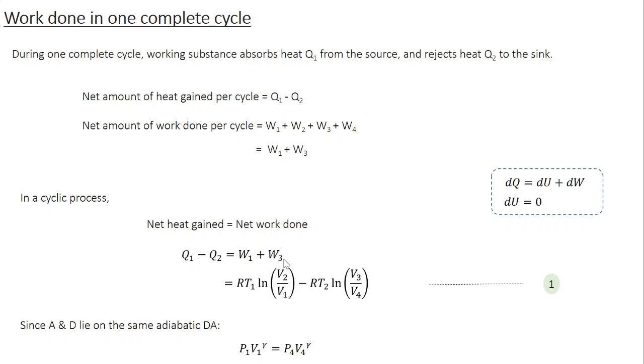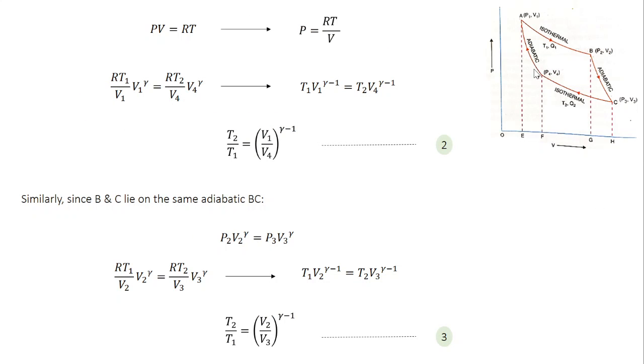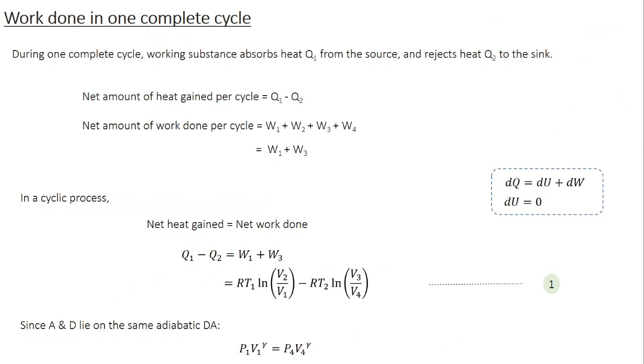We need to simplify this. Let's try to get an even nicer expression for this. If you look at this process DA, this is adiabatic compression. So we know that in the case of an adiabatic process, PV to the power gamma is a constant.